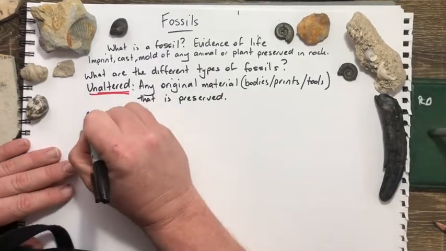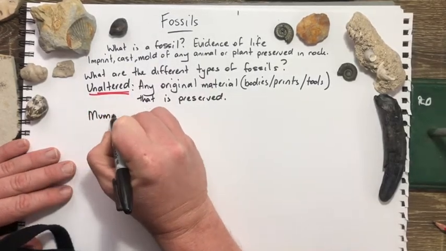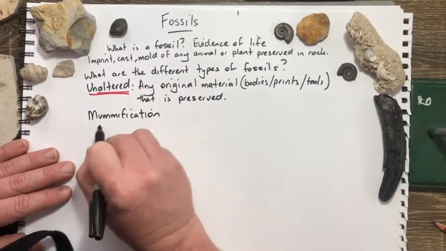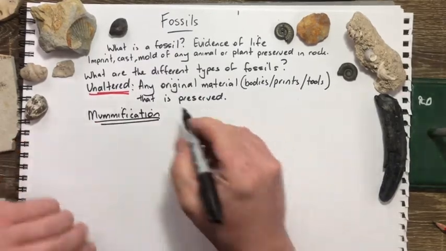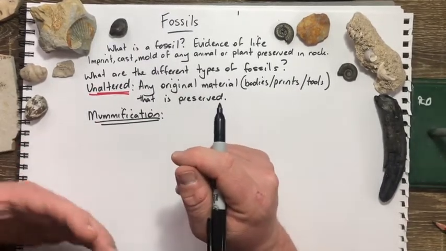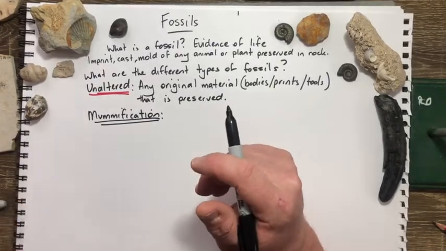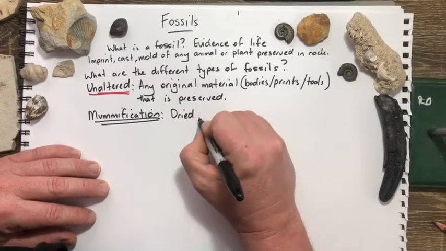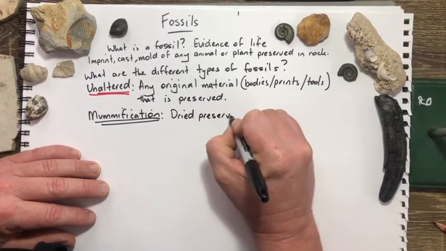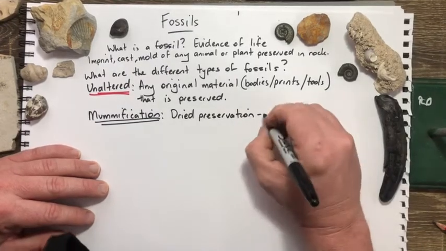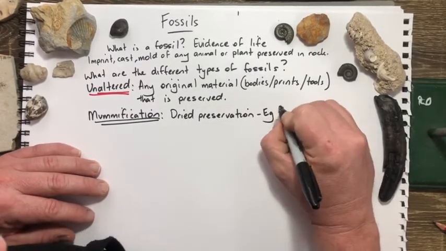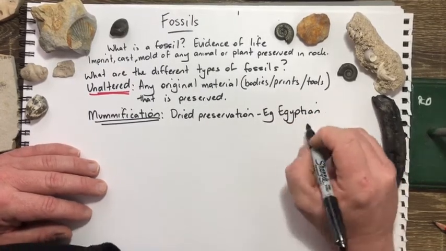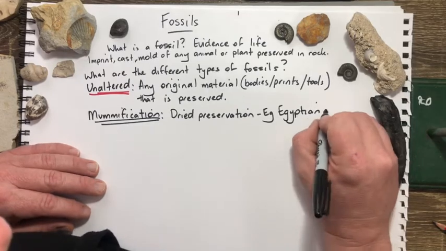And firstly, we're going to talk about good old mummification. And I know you're all immediately thinking of Egypt and mummies. And yeah, it's dried preservation. For example, mummies.